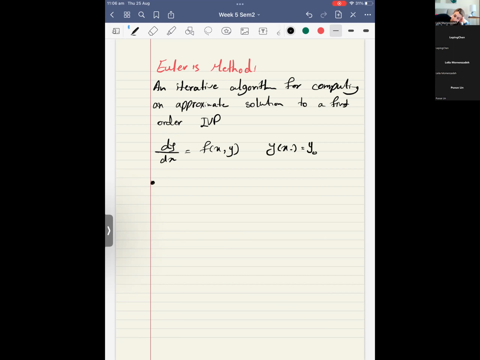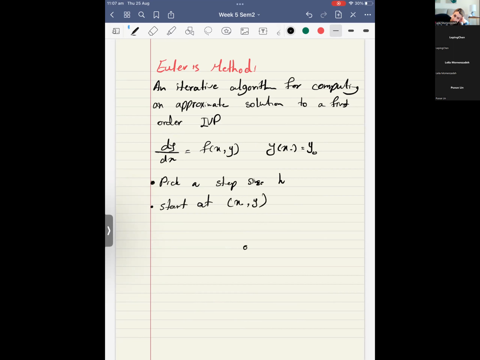First of all, we should pick a step size k or h, and then start at x0, y0.